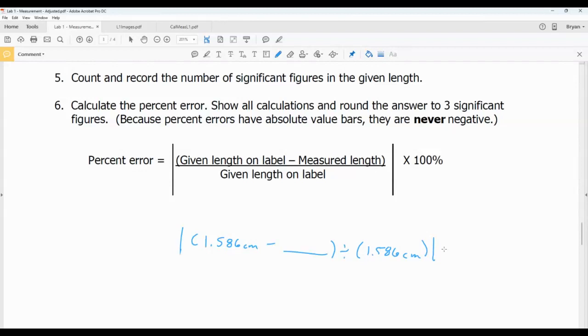Technically, we find a decimal in that part, but in the end, we multiply by 100 to scale it into a percent. If you're following along on your calculator, and if your calculator happens to have a percent button, please don't use it because it will give you weird answers. Okay, so that should help you set up that one. Make sure you're looking for the absolute value bars and make sure the correct answer is repeated in here twice.